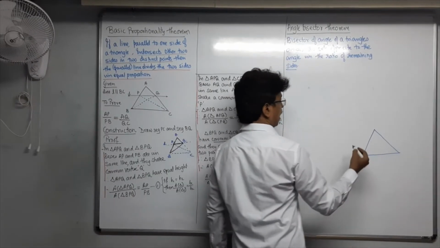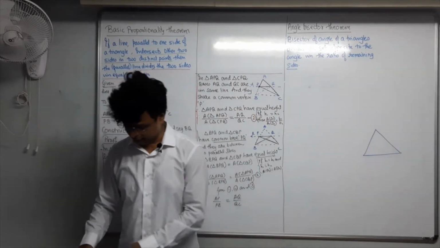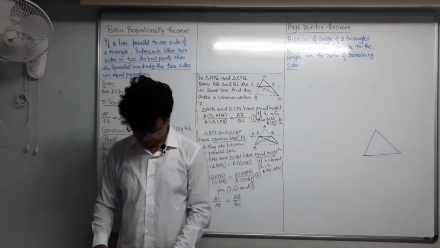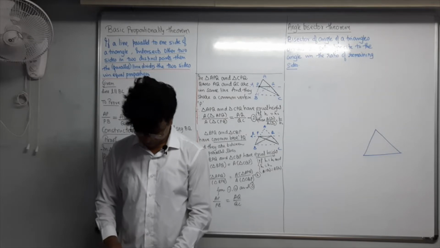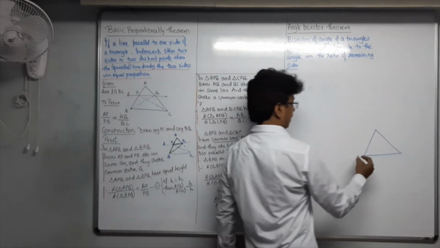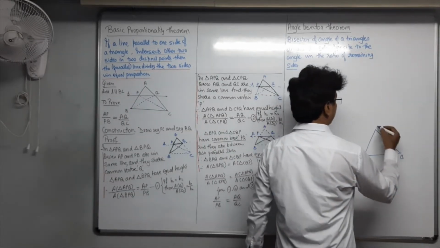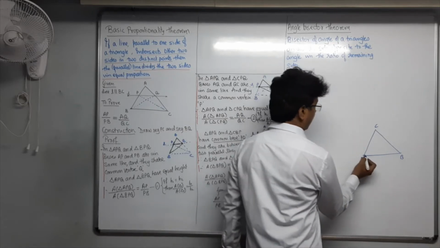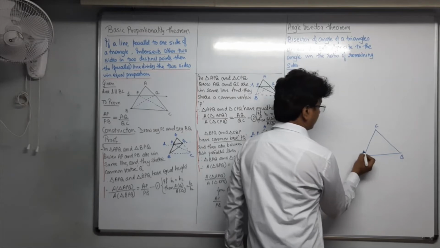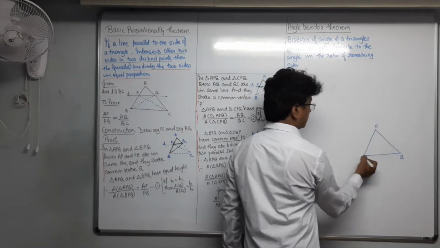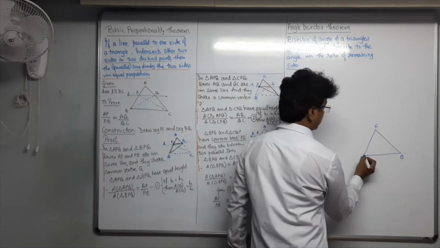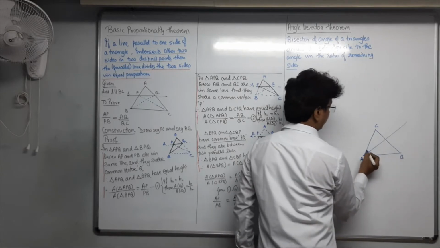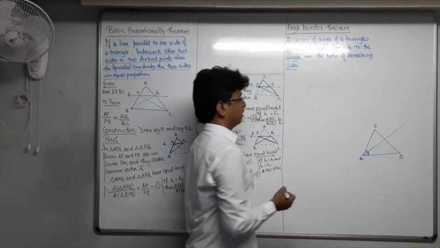Like supposing there is a triangle. Now let me take the name of the triangle as they have given, ABC. If there is a bisector of one angle like A, this is bisecting means it is dividing the angle CAB into two equal parts, two equal angles. This angle will be congruent to this angle.